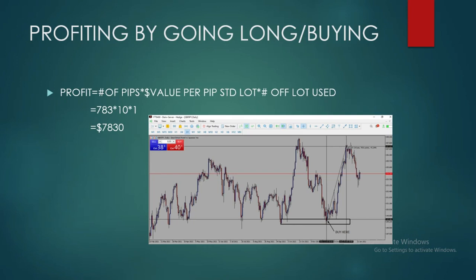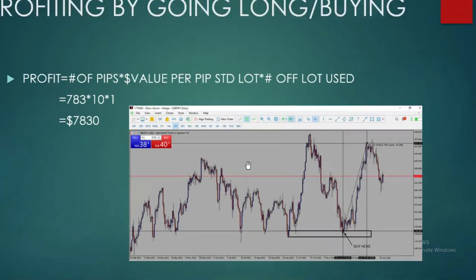And it also depends on the broker that you'll be using, right? So if you take a trade with a lot size of 0.01, you just input it there. Then you multiply with the number of pips and the dollar value per pip standard lot. That calculation will give you the monetary value that that move represents.